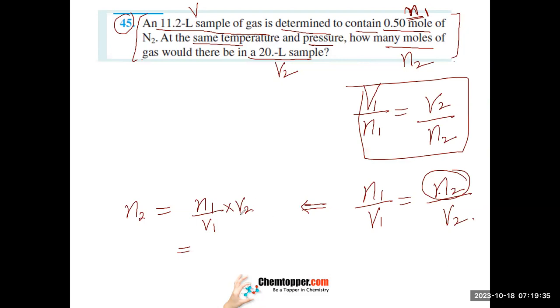Plug in the values. N1 is 0. Look at the question. V1 is 11.2 liters. These are moles. Plug in the units also. This is liter. V2 is 20 liters.